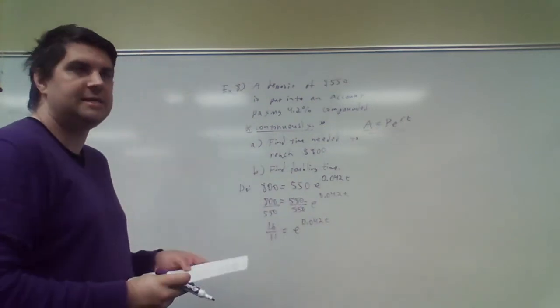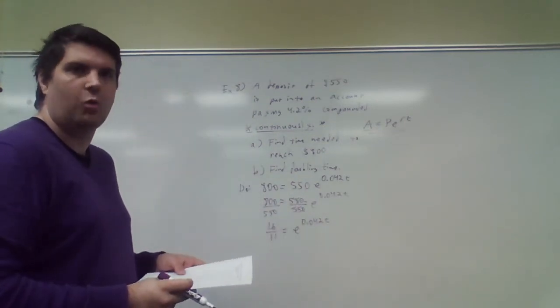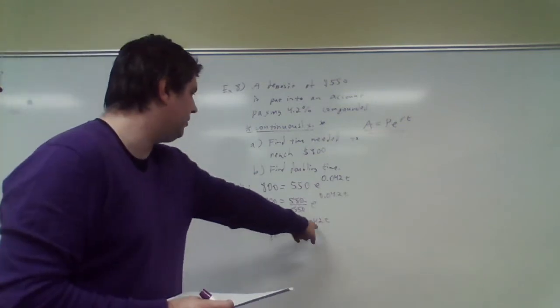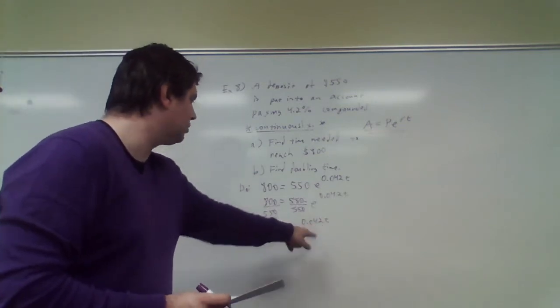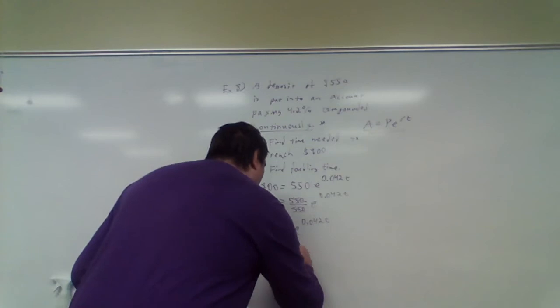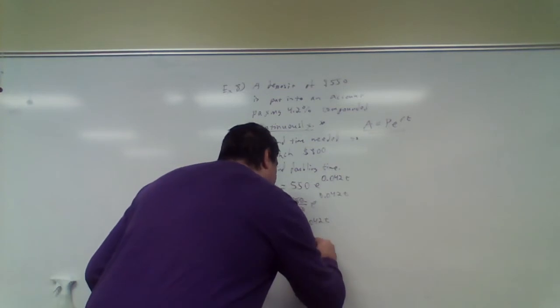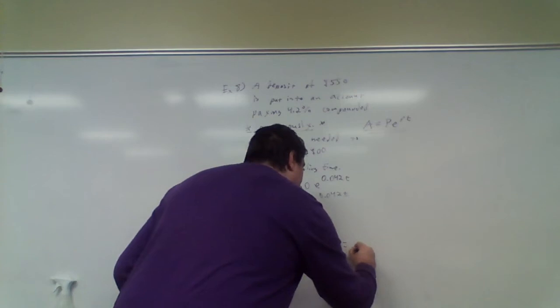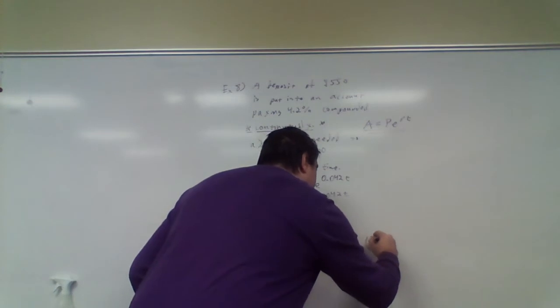Okay? Now we did these types of problems earlier without a word problem related. We want to get this out of the exponent. We will do that by taking the natural log of e to the 0.042t power. We'll also do the same thing for the natural log of 16/11.